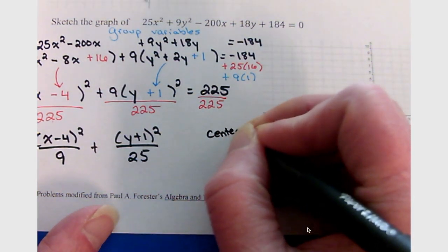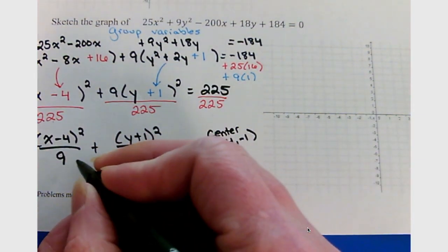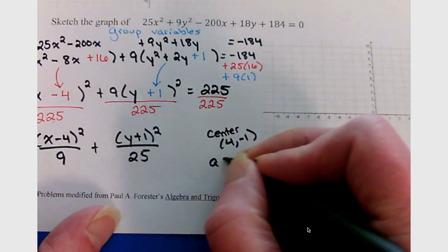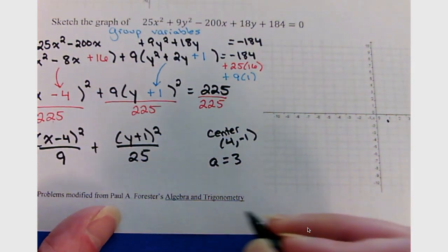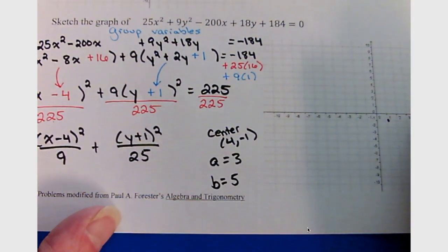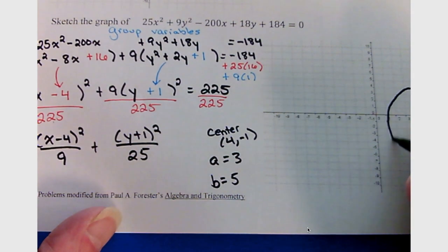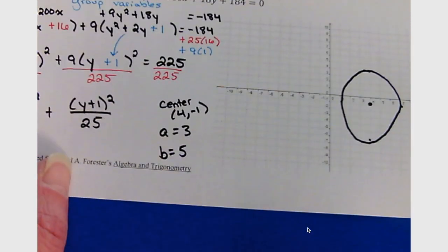Center is 4, negative 1. And A, this is A squared, so A is 3. That's my horizontal distance. 1, 2, 3. B is going to be 5 because that's 5 squared. 1, 2, 3, 4, 5. I can't count today. And we get our ellipse.